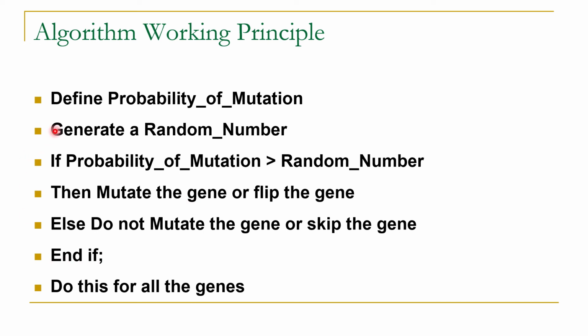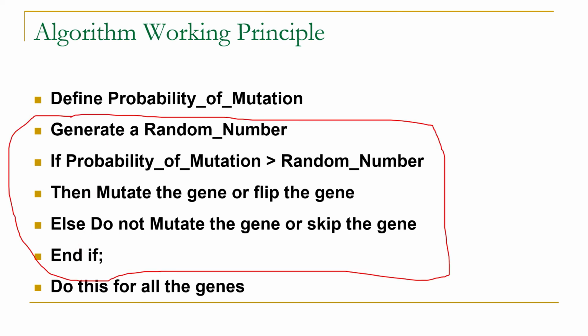Then we go to the second gene, and a random number is generated. According to the value of this random number, we will decide whether to mutate that particular gene or not. It is important to note that these steps will be repeated for all the genes in the chromosome. So for a chromosome, we define the probability of mutation.